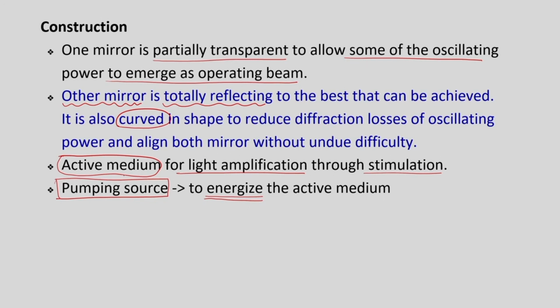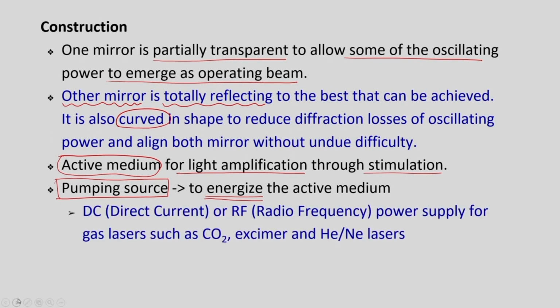Many lasers are also classified based upon the active medium. What are the various types of pumping source being used? The electrical energy that we use, either as direct current or RF, that is a radio frequency power supply, is in general used for lasers such as the carbon dioxide laser, excimer laser and helium neon, the gas lasers.